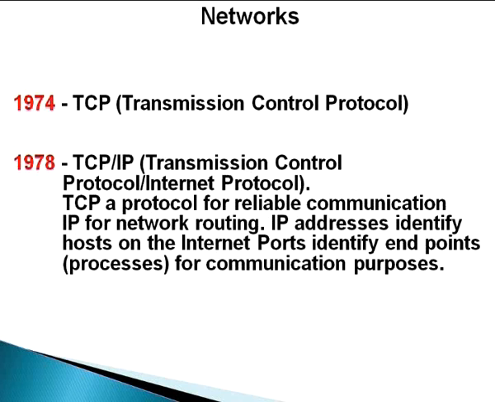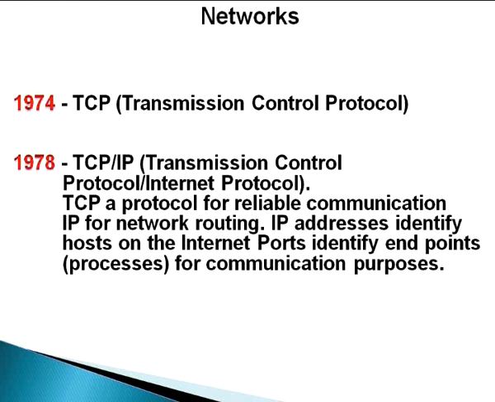Now in 1974, in the area of networks, as you already know, TCP, Transmission Control Protocol, came. And then in 1978, TCP/IP, with IP being the Internet Protocol. TCP is a protocol for reliable communication.